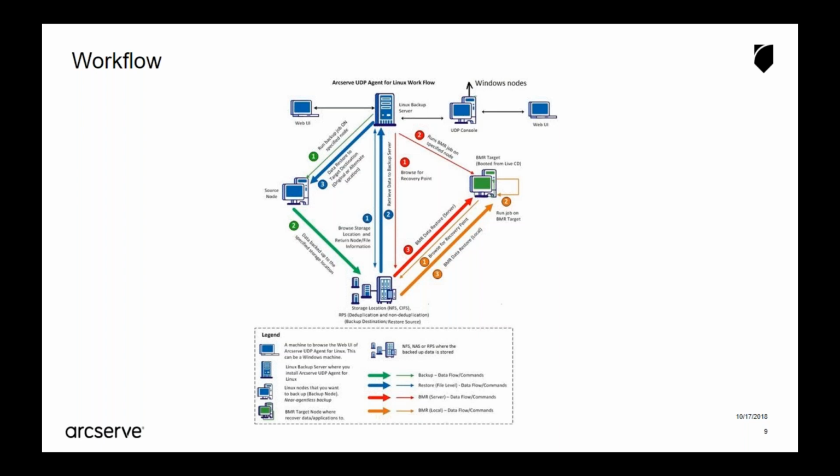Once the IP address is generated on the BMR target node, from the Linux backup server, we could specify the IP address, connect to the storage location, browse for the recovery points, and then perform the BMR for that target node. This is in general the workflow of how UDP works.